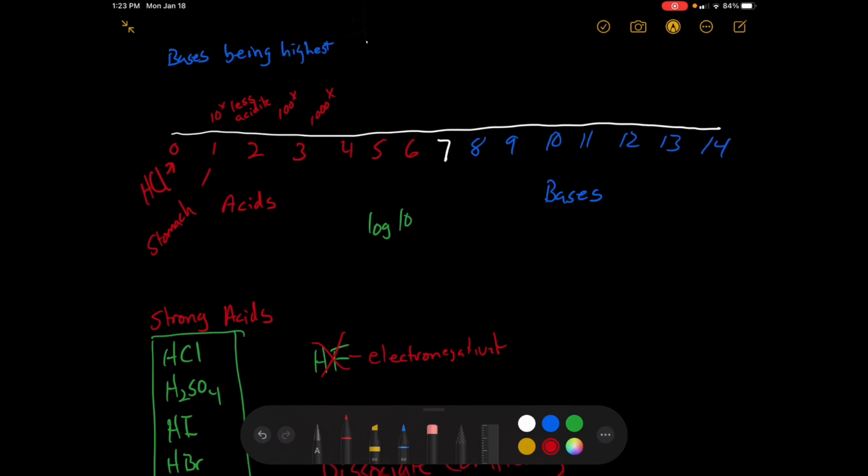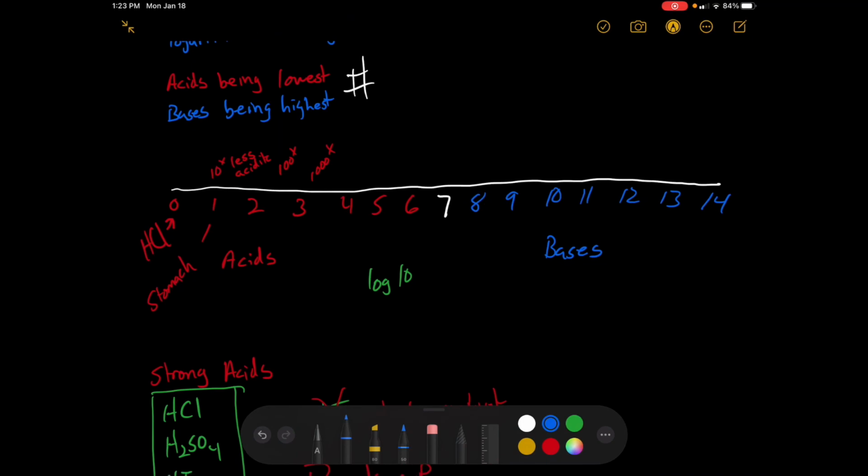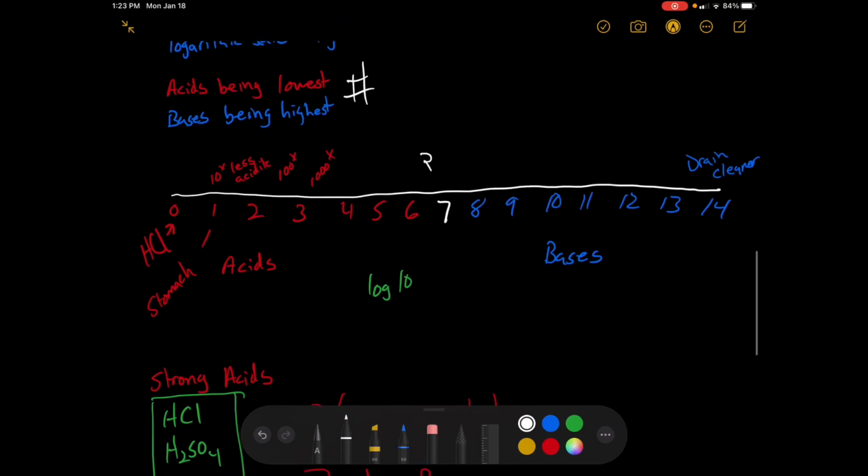So let's just say something, for example, like down here. This is going to be drain cleaner at 14. And you don't want to drink this stuff either. I mean, bases and acids are dangerous. This is going to be distilled water, not tap water. Why do you think it's not tap water?